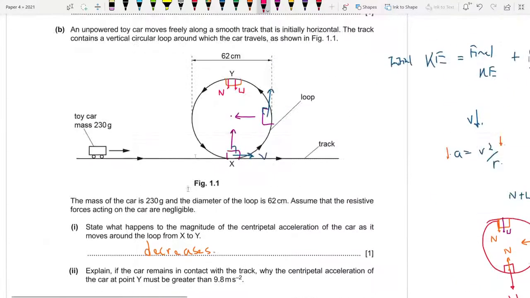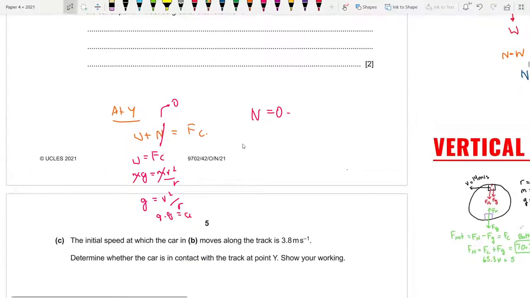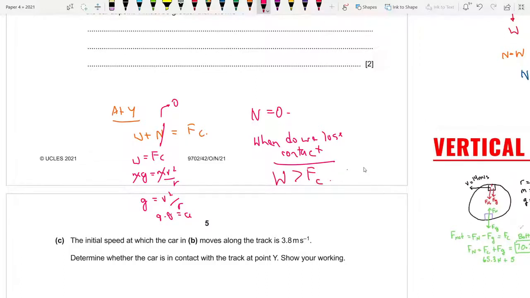Now think about it. We cannot possibly let W. So when do we lose contact? Basically, when the weight becomes greater than centripetal force, we lose contact.